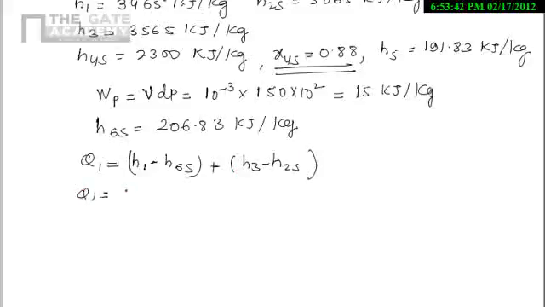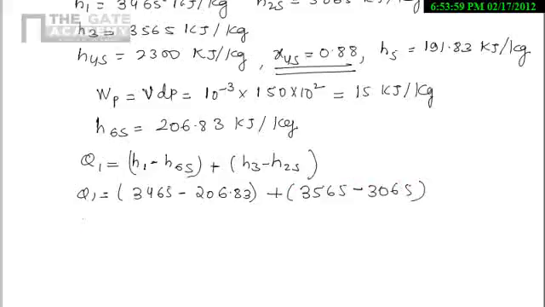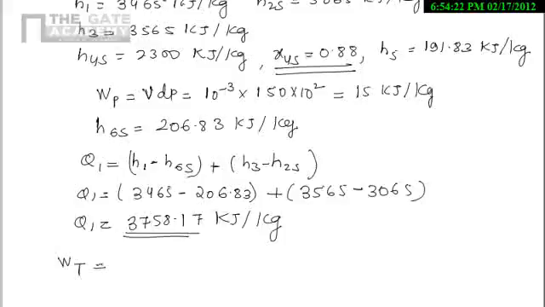So now for Q1, H1 value we are having 3465, H6s we have already calculated 206.83, plus H3, that is 3565, minus H2s 3065. So now we will get value of Q1 is nothing but 3758.17 kilojoule per kg. So that is the heat supplied.